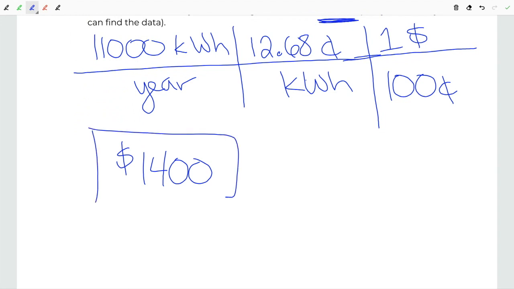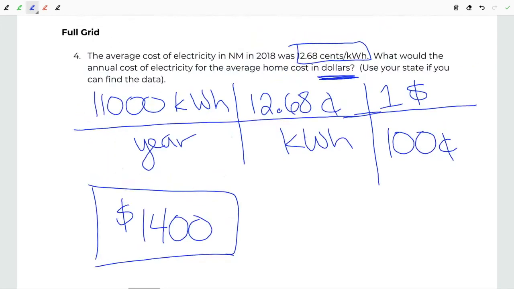So $1,400 is the annual average cost of electricity in dollars in New Mexico, based on New Mexico's energy cost.